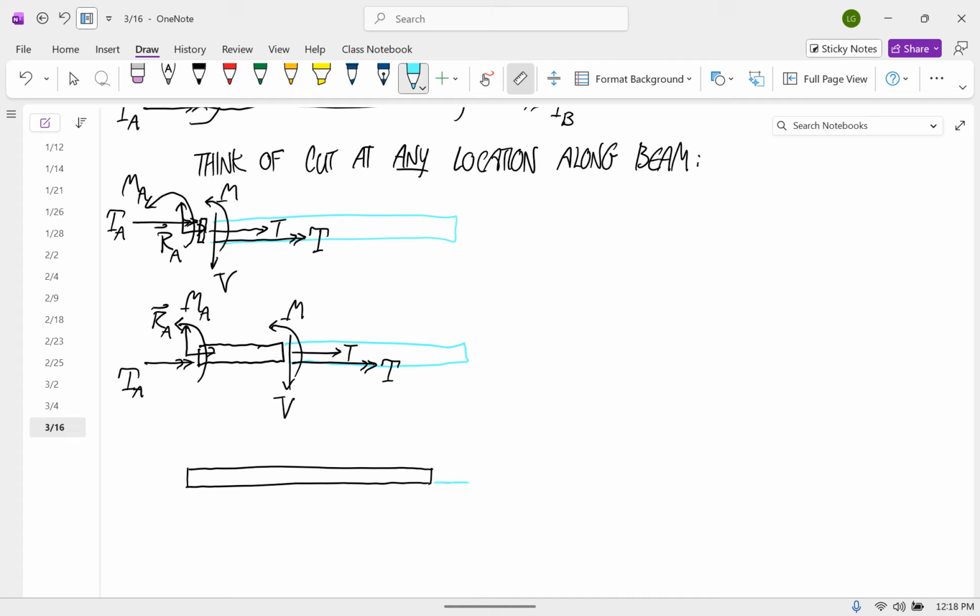The key is no matter where you do this cut, you get the exact same loads on your free body diagram.